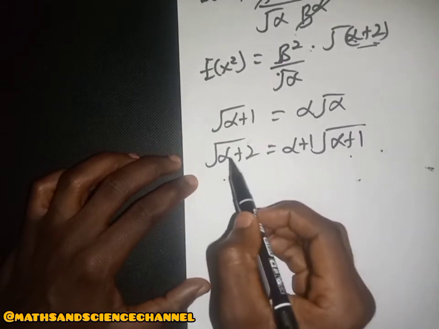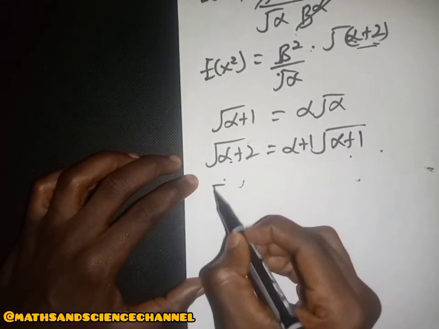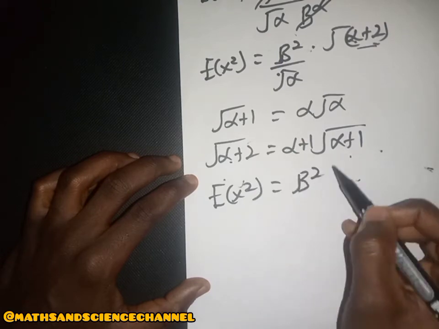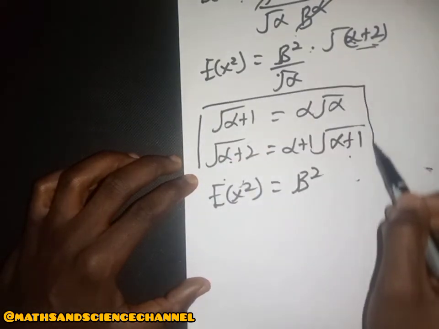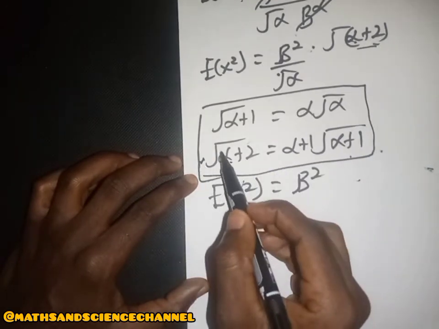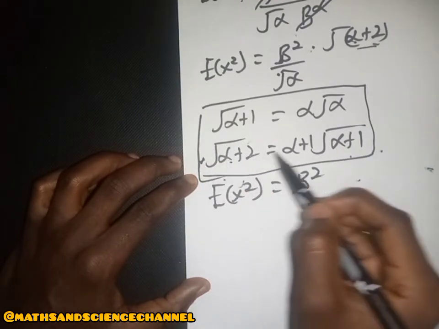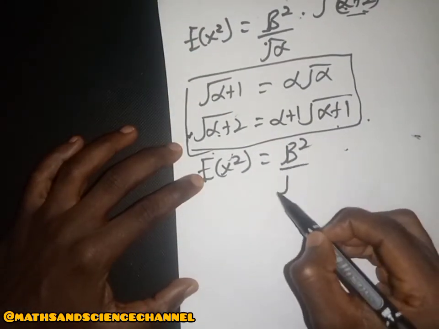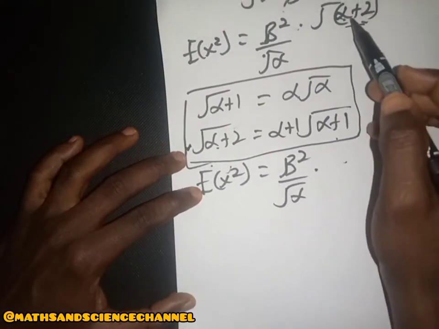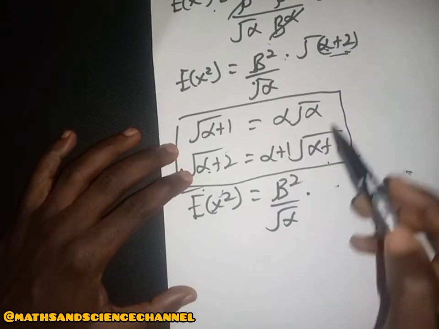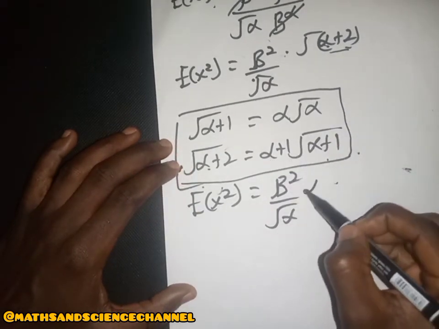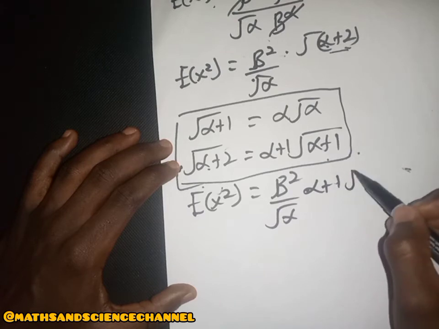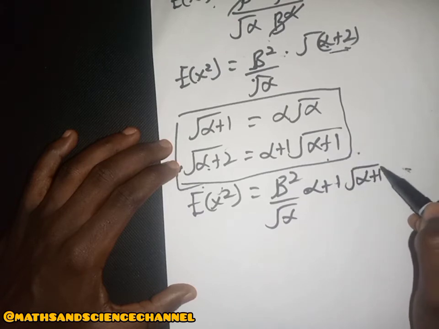This is just a property of the gamma function. So we are just going to replace the gamma of alpha plus 2 with this alpha plus 1, and then the gamma of alpha plus 1.